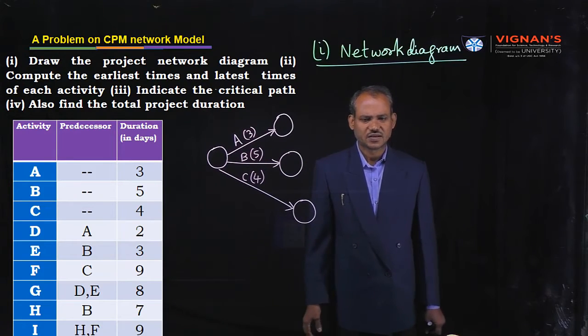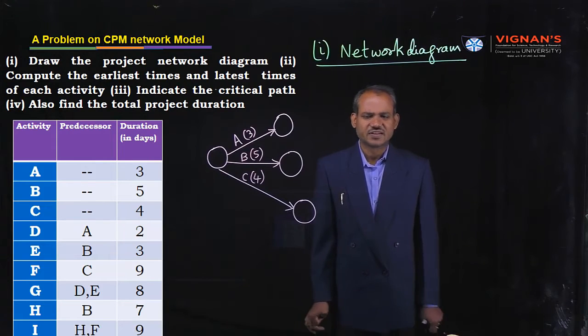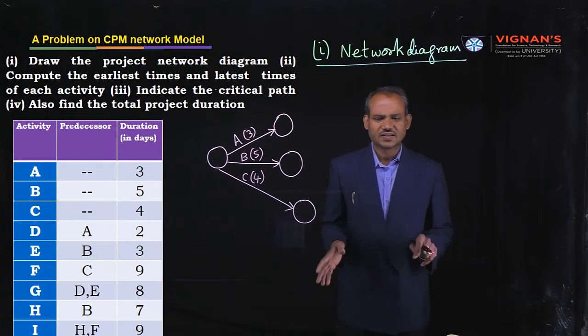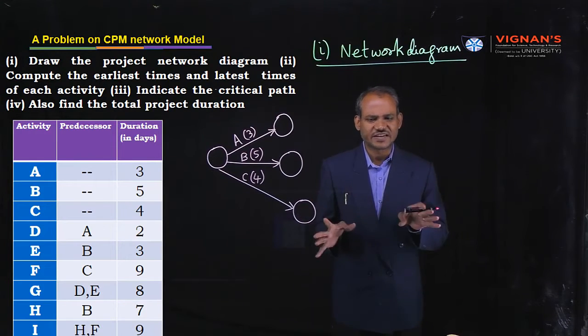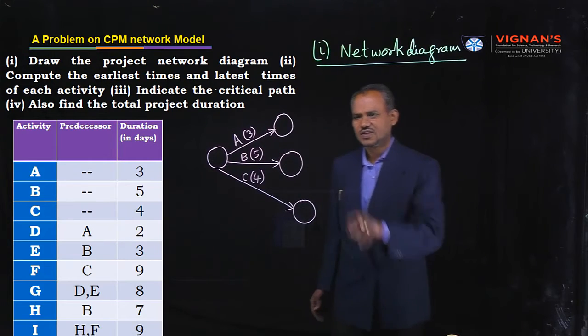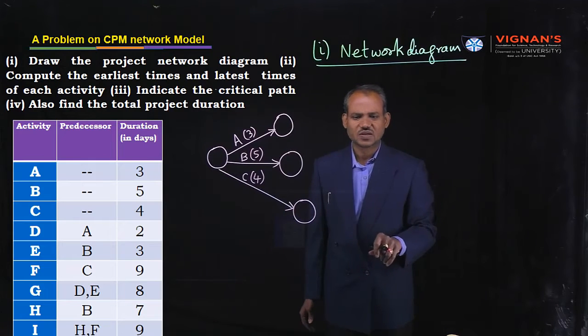Next, move to the fourth activity, that means D activity. For activity D, immediate predecessor activity is A. Where is A? This is the A. What is the physical meaning of that sentence?